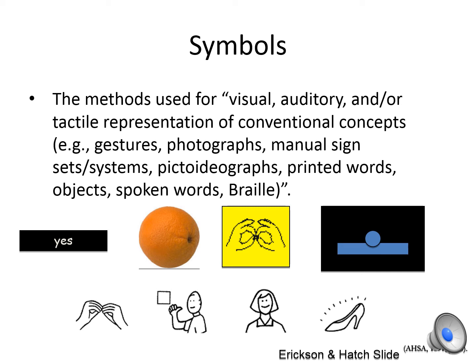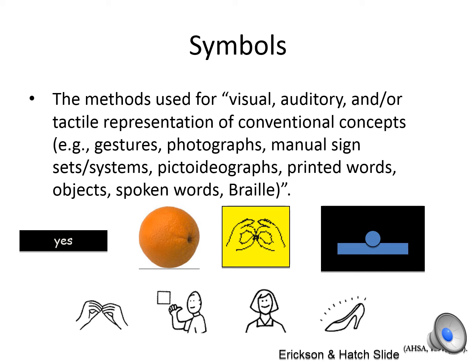We can certainly use, here they show the word yes, that would be orthography. And if a child is a reader, that's awesome because then they can read the words, and that eliminates the need for pictures. But many of the children we're talking about have not yet learned to read, and so they need another symbol system.